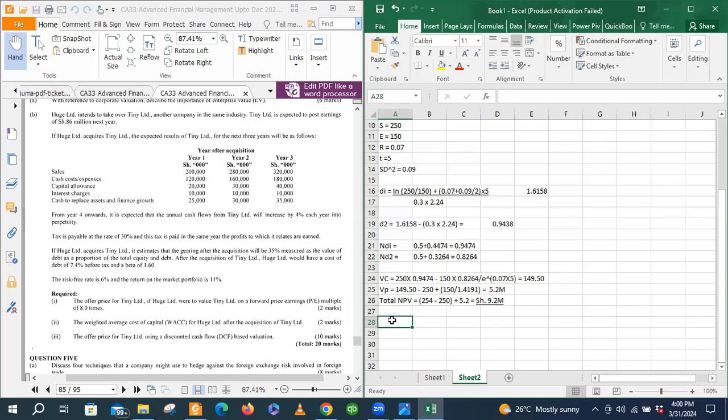So you have the sales in year 1 to year 3, cash costs or expenses, capital allowance which is the same as depreciation, interest charges, cash to replace assets and finance growth. Cash to replace assets and finance growth is like retained earnings. What you retain in the company for growth and replacement of assets. That is investment. So once you get that, whatever remains is the dividends.